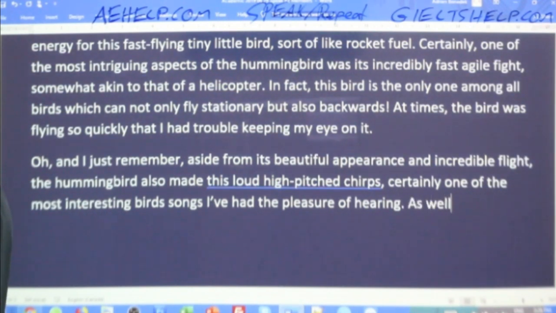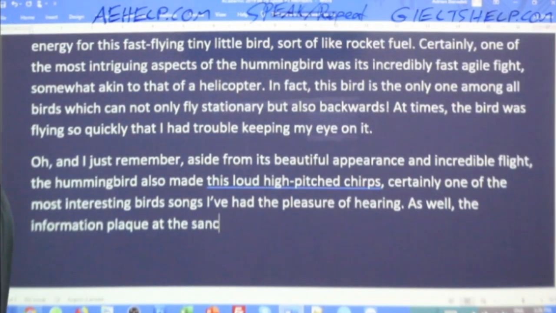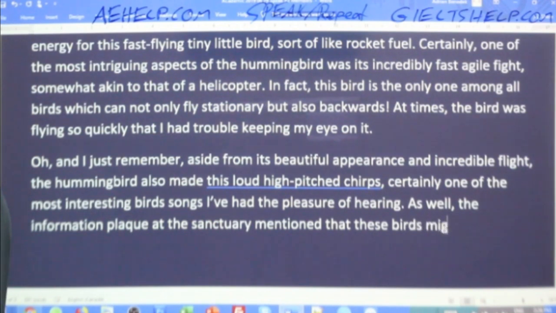As well, the information plaque at the exhibit at the sanctuary mentioned that these birds migrate thousands of kilometers every year.